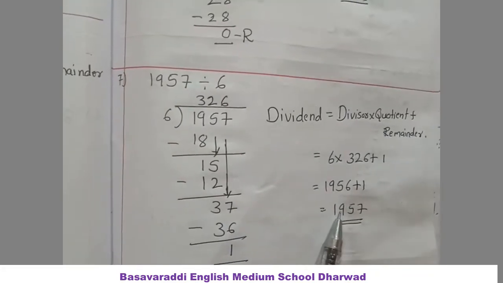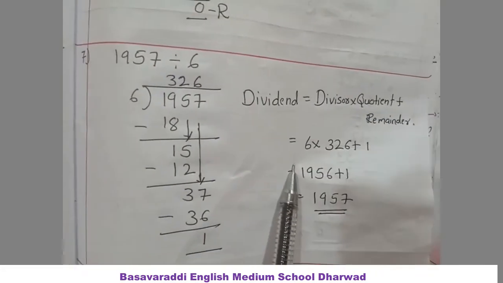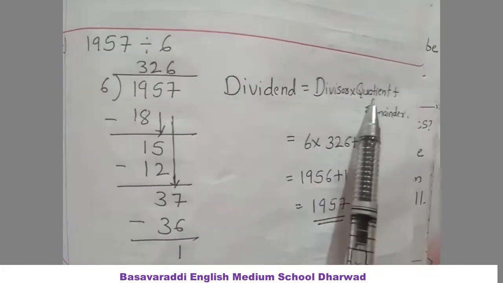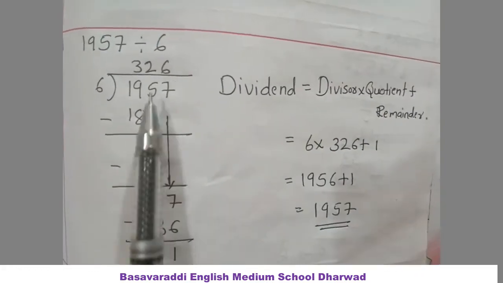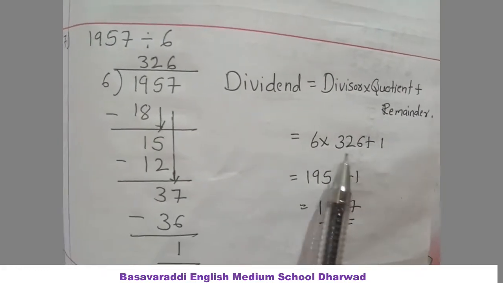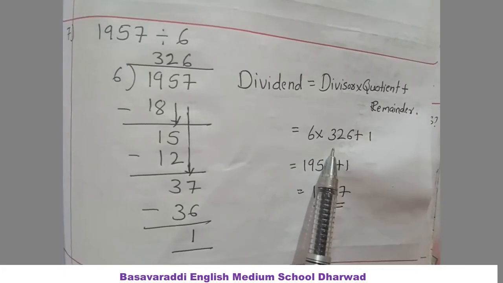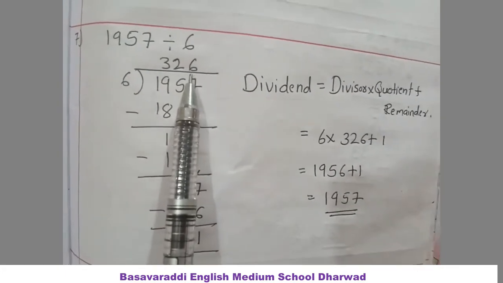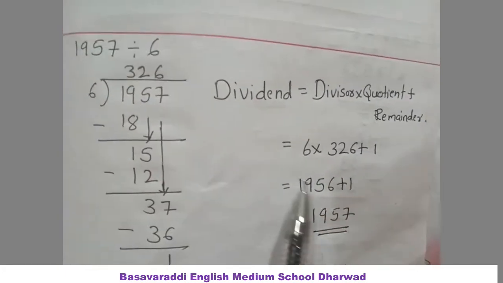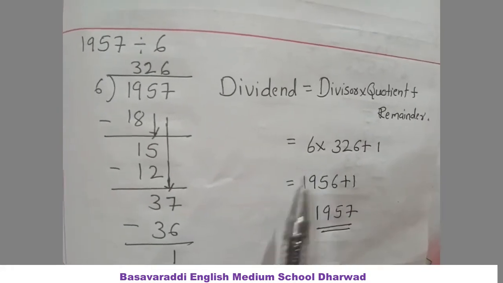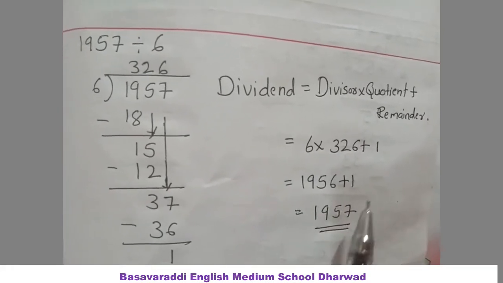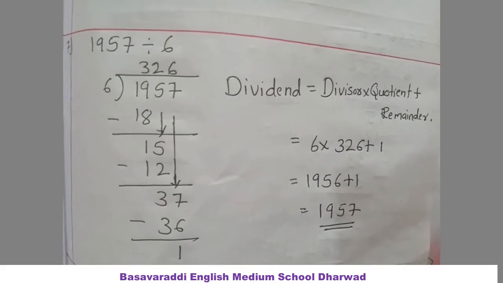Checking, divisor into quotient plus remainder: the divisor is 6, the quotient is 326, plus remainder 1. So 6 into 326 means 1956 plus 1, so 1957.